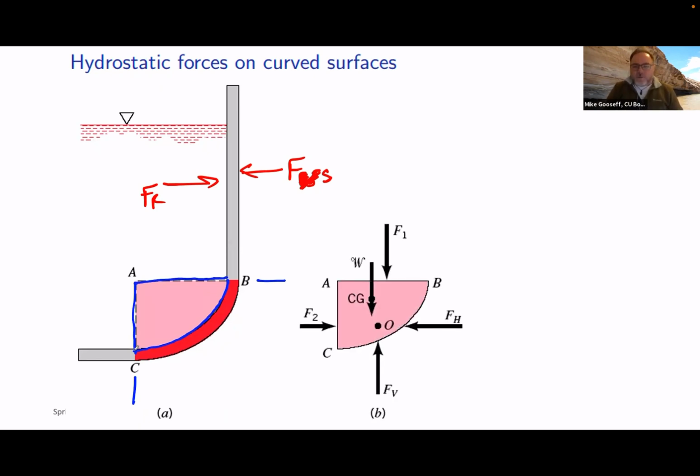What does a force balance look like here? All right, first of all, F1, as you might expect, is vertical, and it is due to basically the overlying fluid pressure.